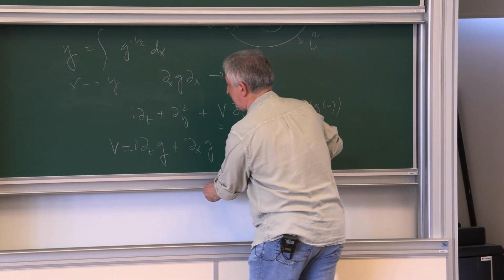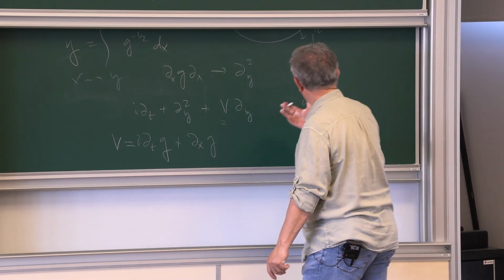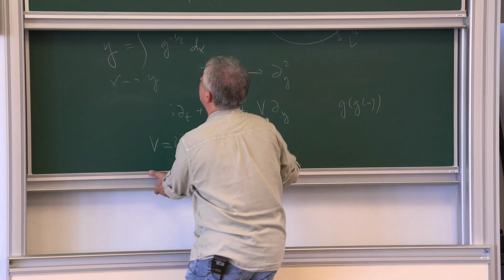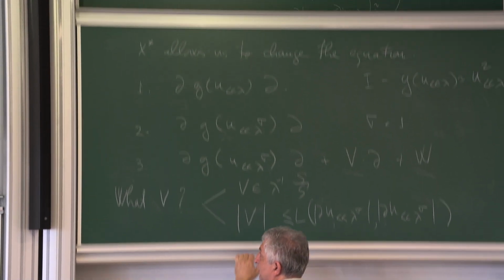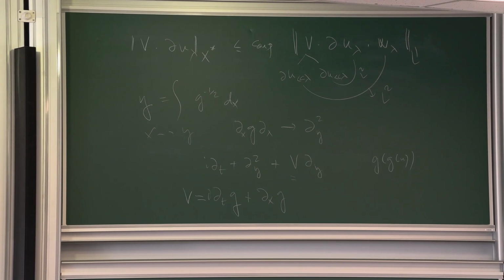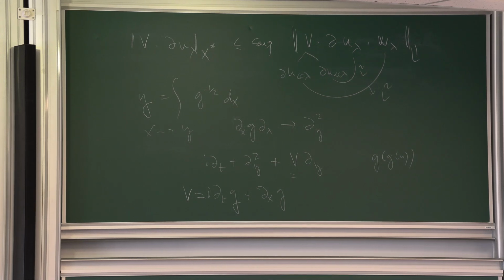So maybe I have to write down what this time derivative of g is, and I'll try to give you a quick idea of how that goes. Let's see, I can erase here.